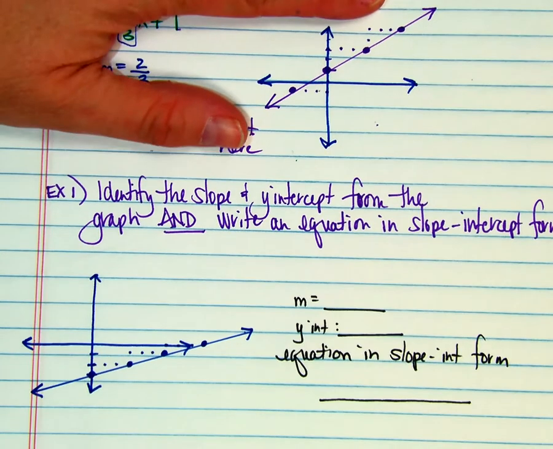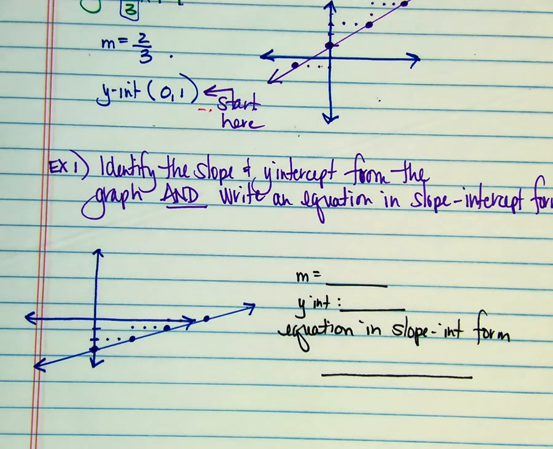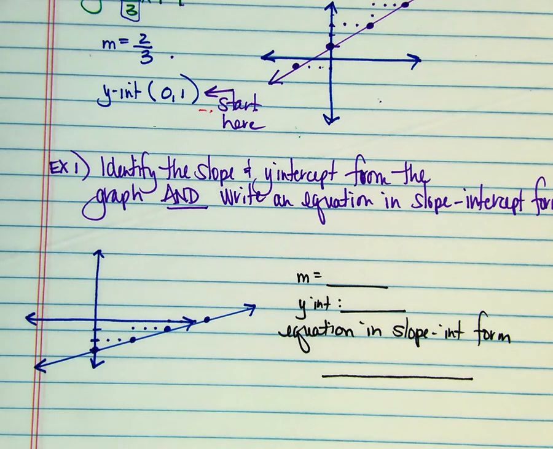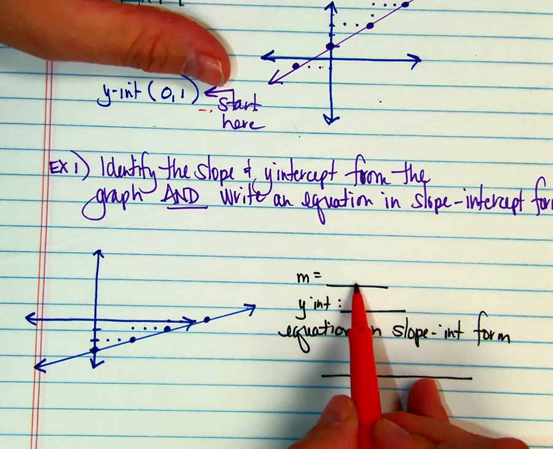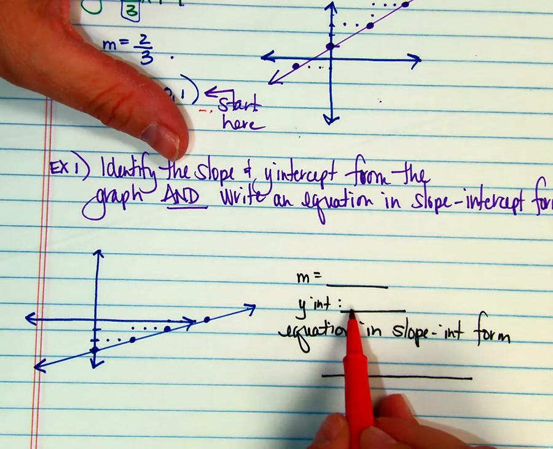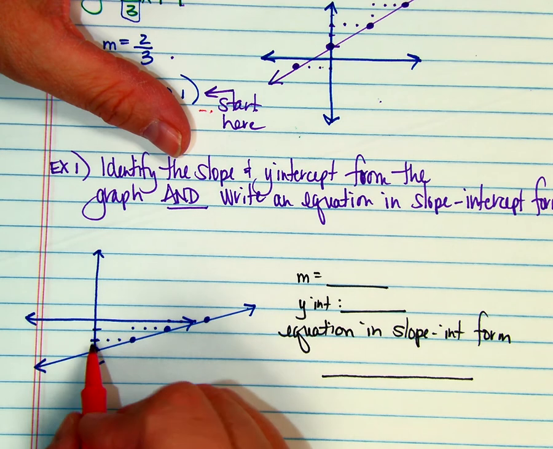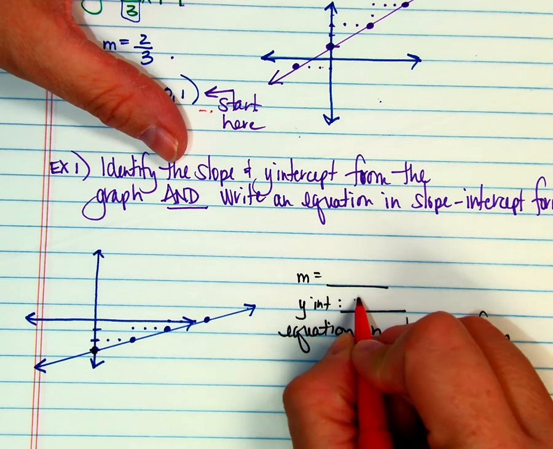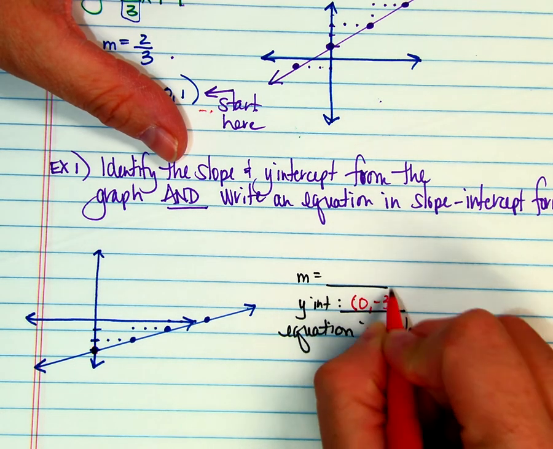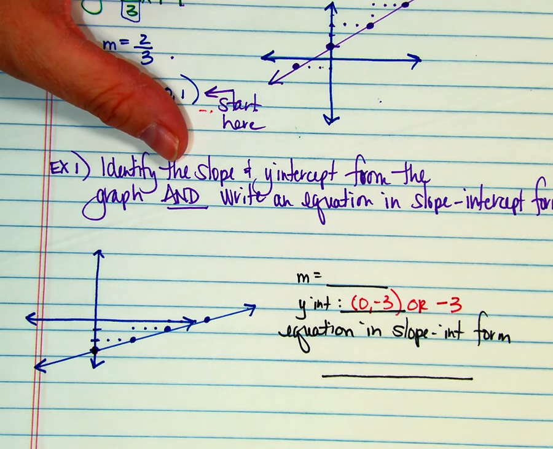I'm going to find my y-intercept, doesn't really matter which one you do first, we've learned both. So y-intercept, 1, 2, 3, so that's where it crosses the y-axis. Remember, that's a negative. So either 0, negative 3, or if you just put negative 3, that is fine.